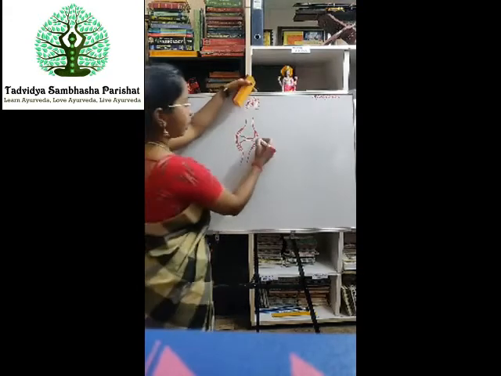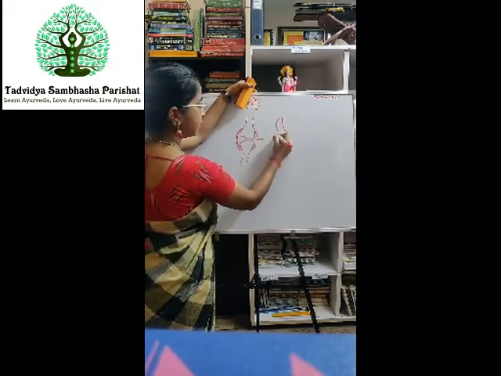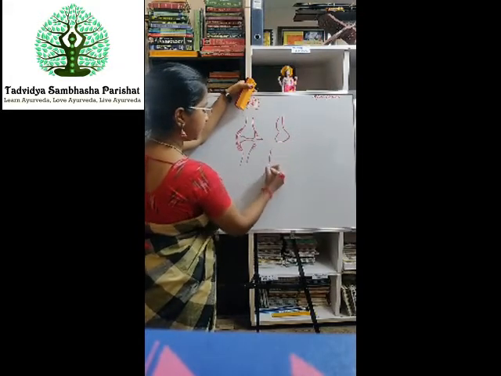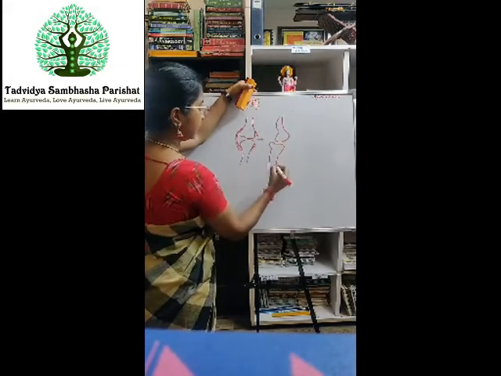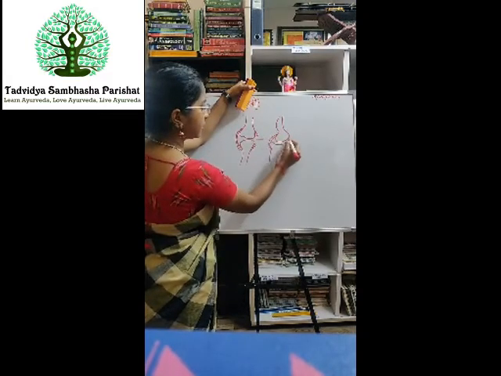So the bone becomes like this. The side is intact, and here it is in two pieces.